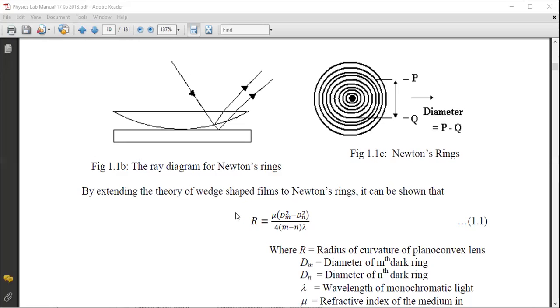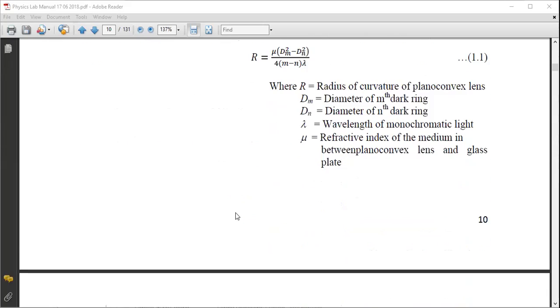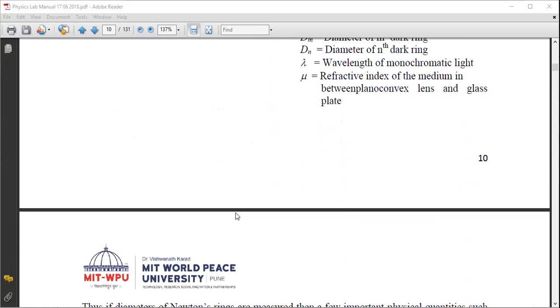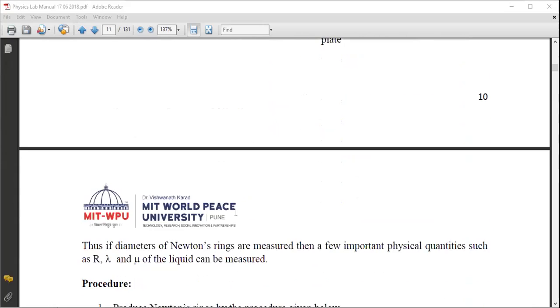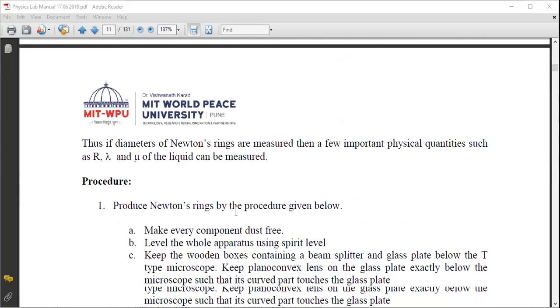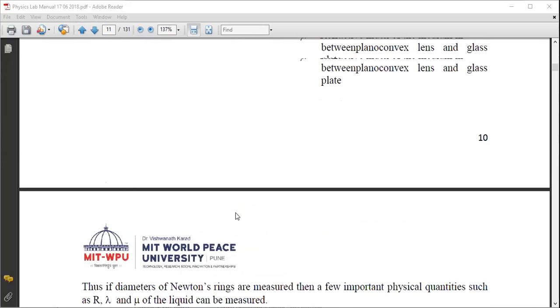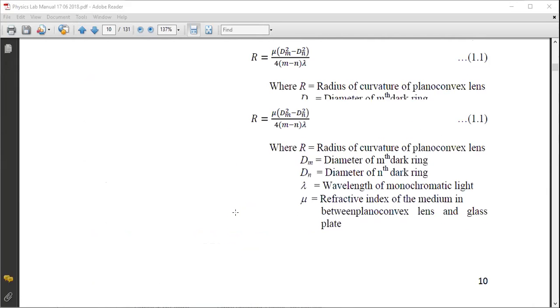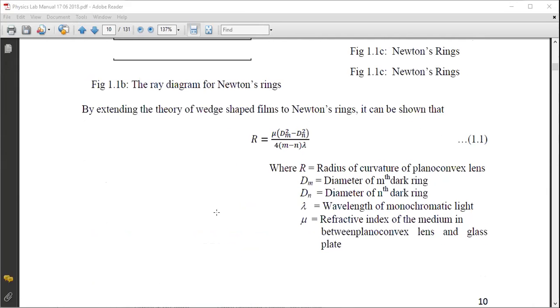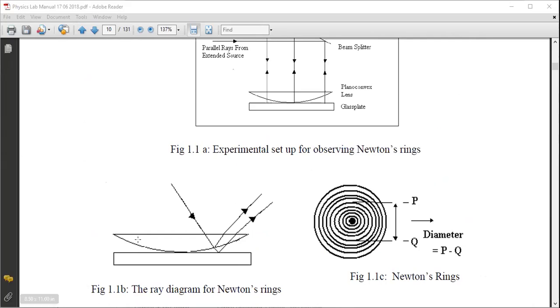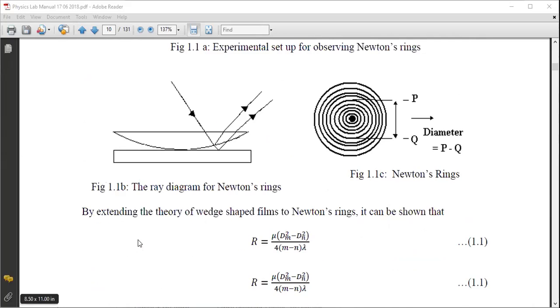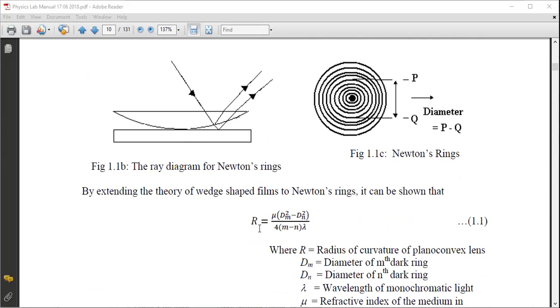This is the important formula we are going to use in this experiment. The aim of this experiment is to find the radius of curvature of this plano convex lens. If we know the radius, the other parameter you can calculate is lambda.